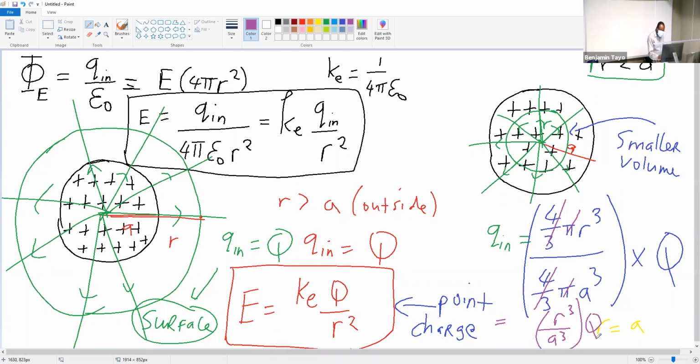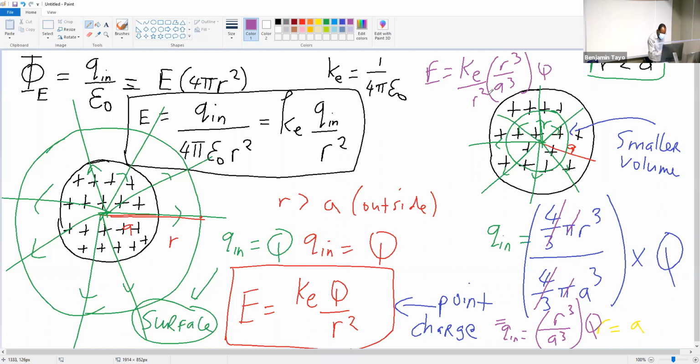Now it means that if I'm inside, this is my new value for Q in. And so if I take that value and substitute it in here, I get the electric field equals K_e times Q in, which is R to the power 3 over A to the power 3 times big Q, and then all of that divided by R squared.